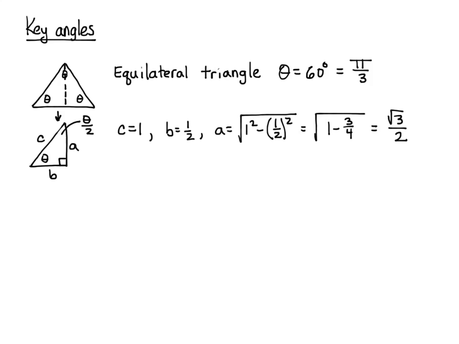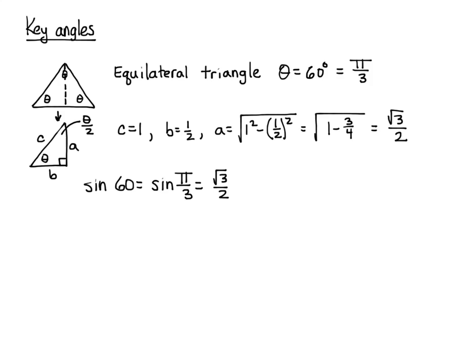Now it's just a question of remembering which of the sine or cosine is square root of 3 over 2. So let's look at the sine of pi over 3. So that's the larger angle, and so the larger angle is going to have the larger side, which is square root of 3 over 2. Square root of 3 over 2 is about 0.87, right?